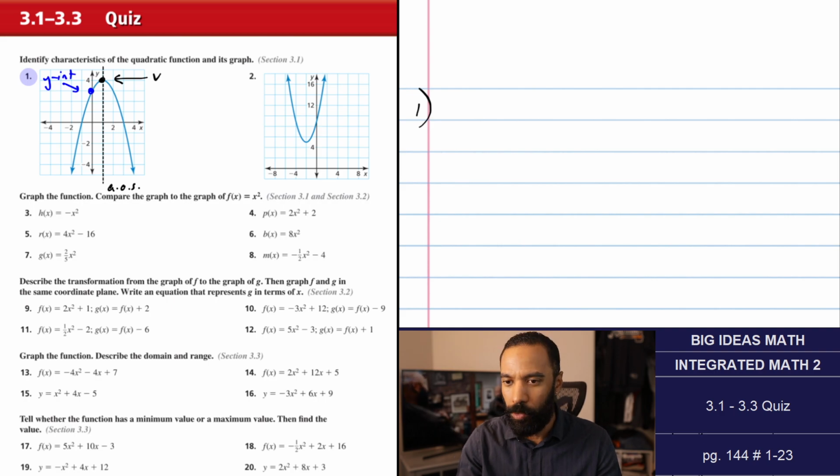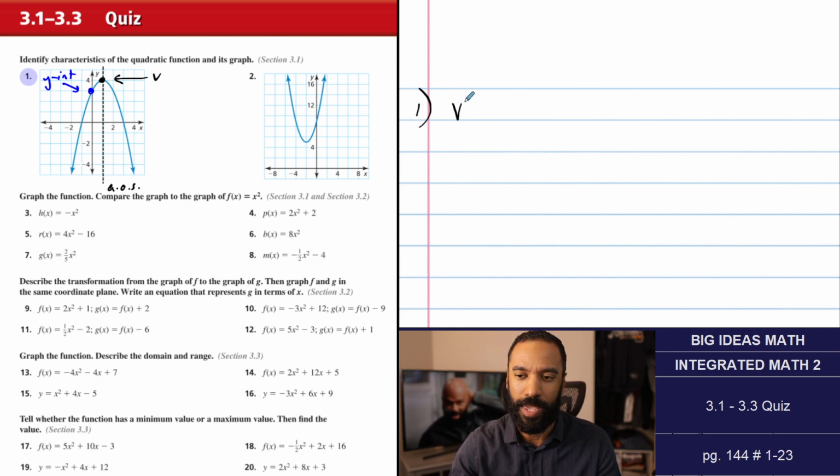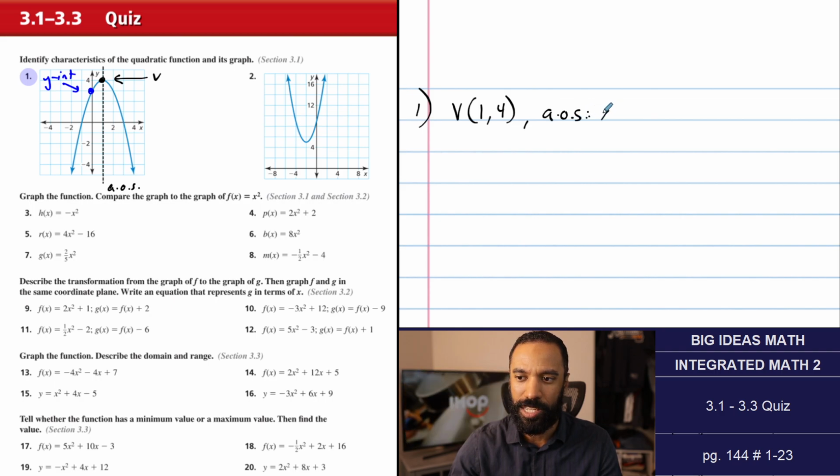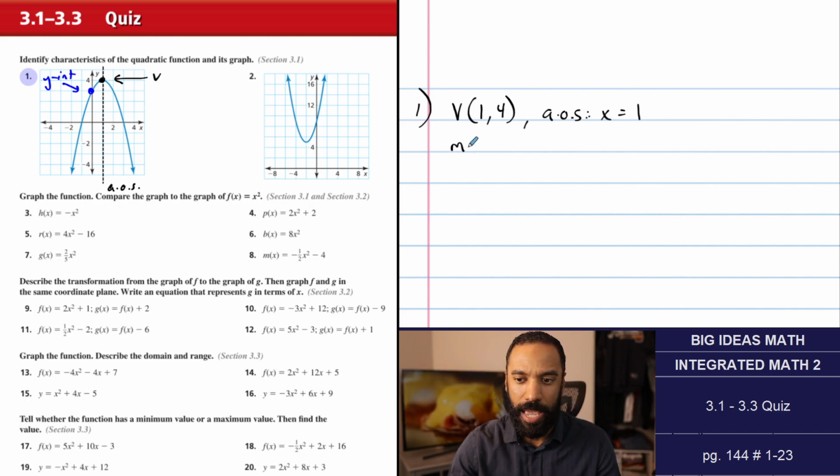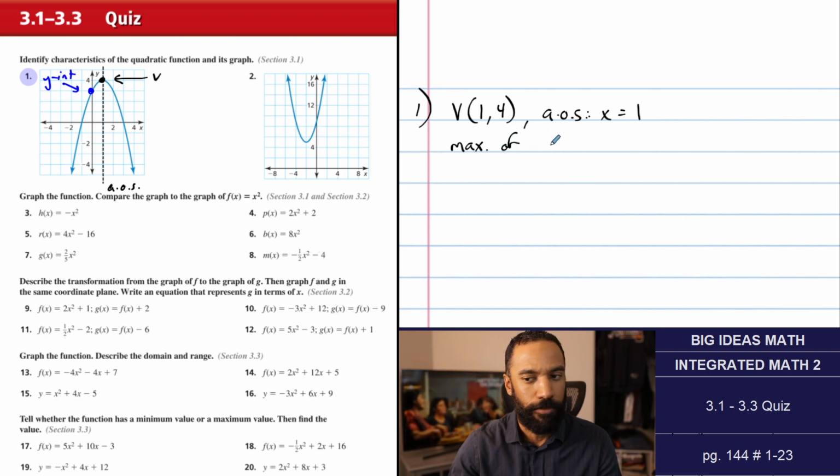All right, so for number 1, with all that in mind, we have a vertex at 1, 4. The axis of symmetry is at x equals 1. It's going to be the same as the h. It's that vertical line that goes through there. There is a maximum value of 4.